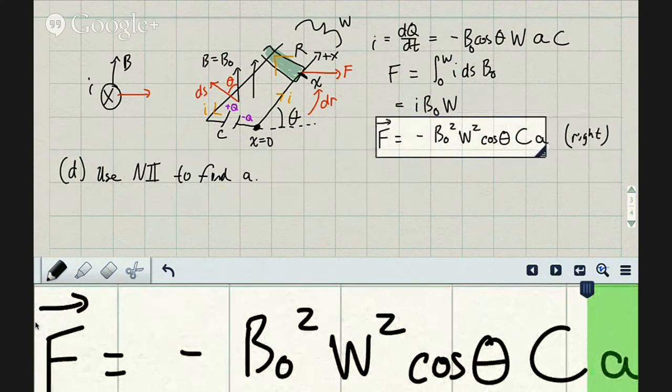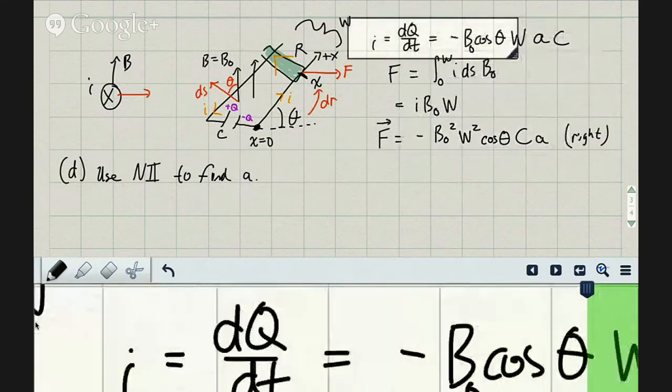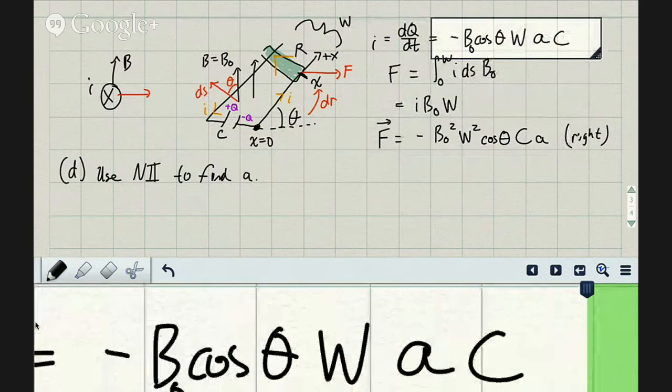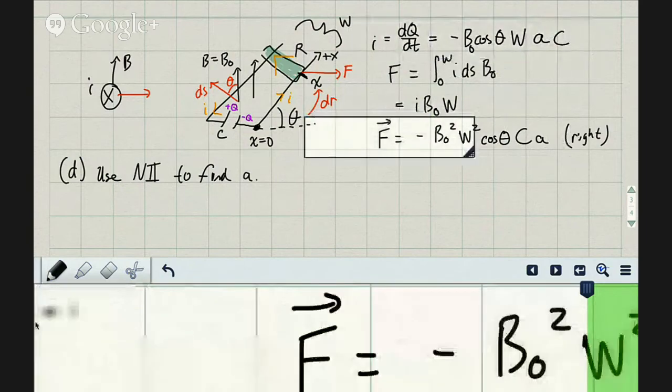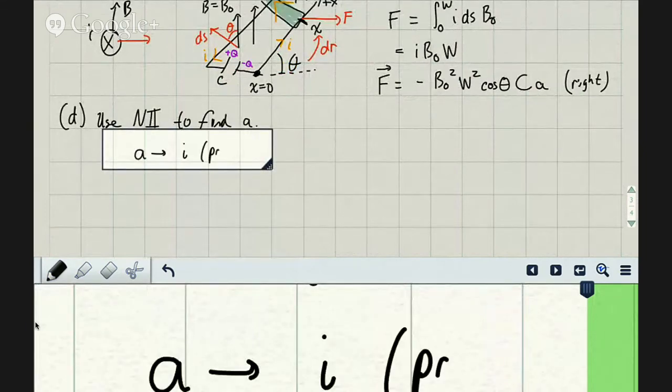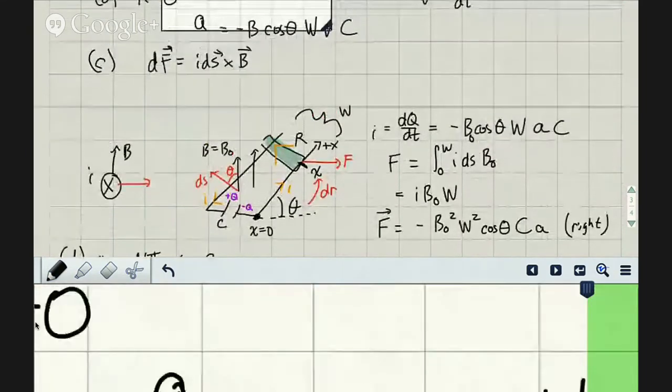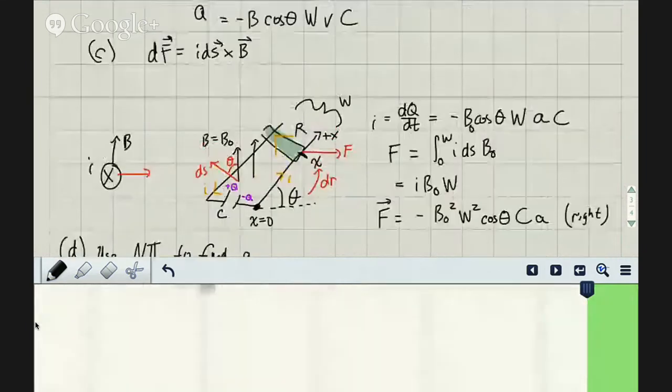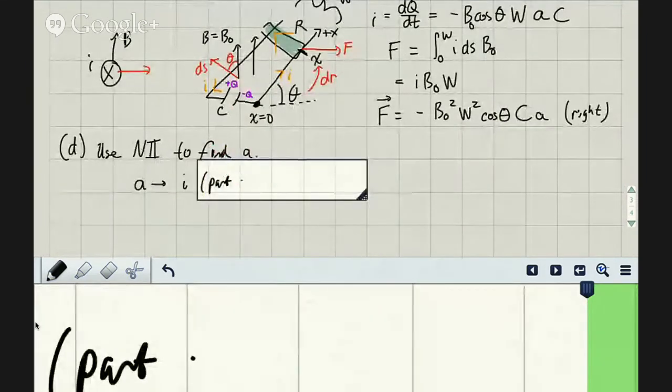Alrighty, and then we can go ahead and plug A into this expression to find the current there. Okay, and that's sort of the sketch for how to do it. Okay, and then plug A into I. Part C, I think, answer. It was not the answer in part C, but we used it in part C.